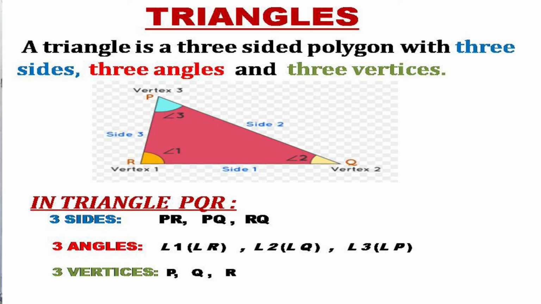In the figure, you can see a triangle PRQ. You can name the three sides as PR, PQ and RQ. For the three angles, you can even use numbers: angle 1, which is angle R, angle 2, which is angle Q, and angle 3, which is angle P. And the three vertices are the three corners, that is P, Q and R.